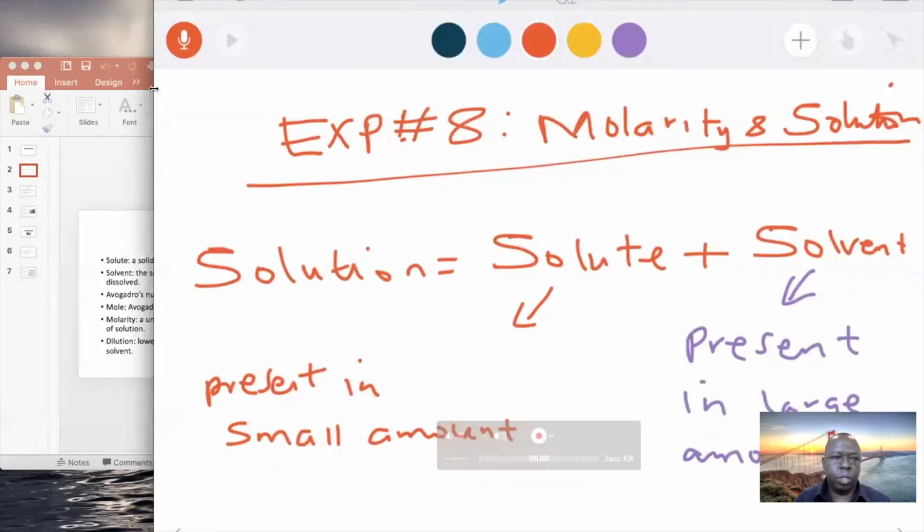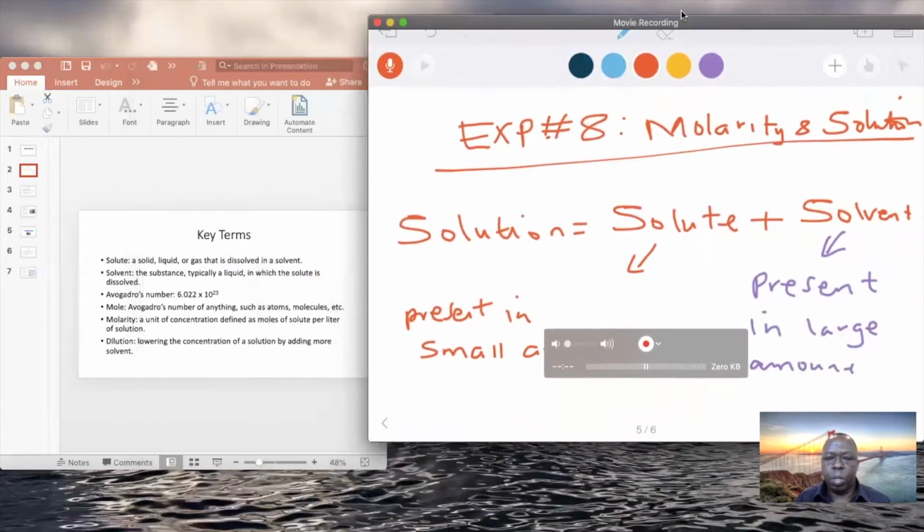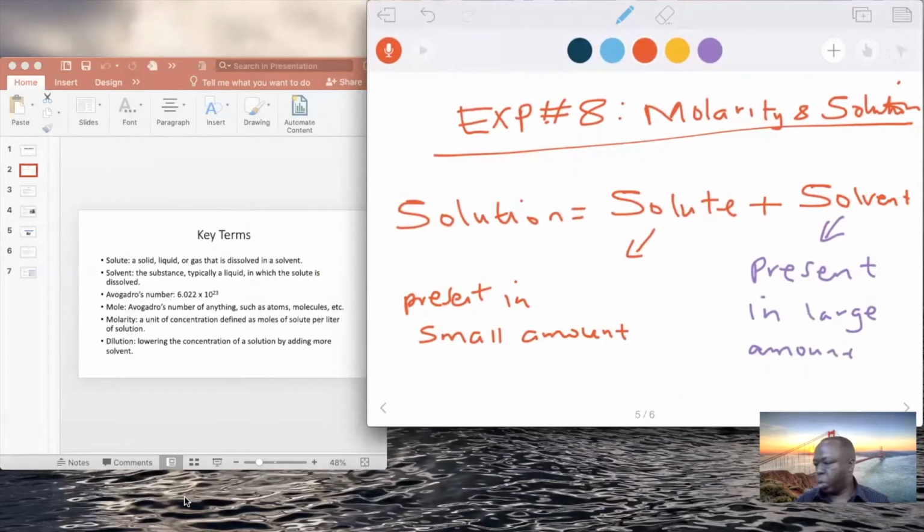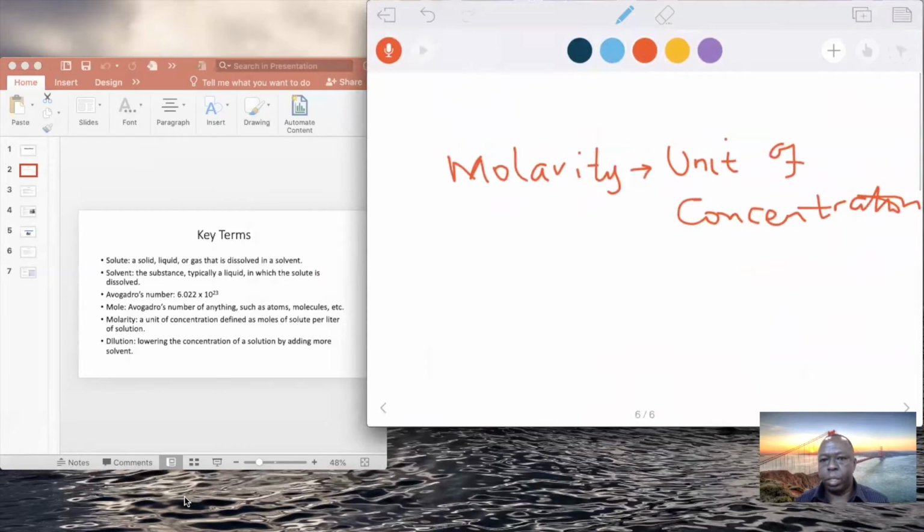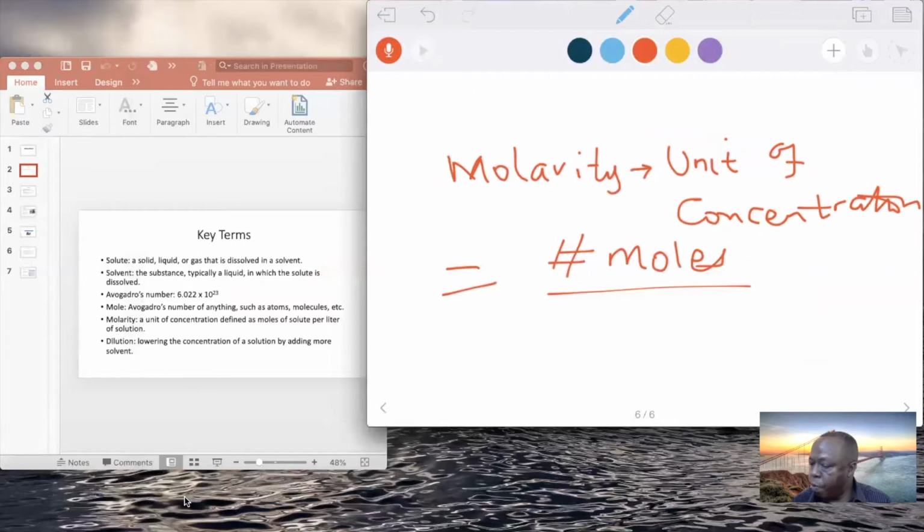Yes, so this is the whiteboard, and molarity is simply determined by taking the number of moles, which is represented by the Avogadro number, over volume in liters of solution.